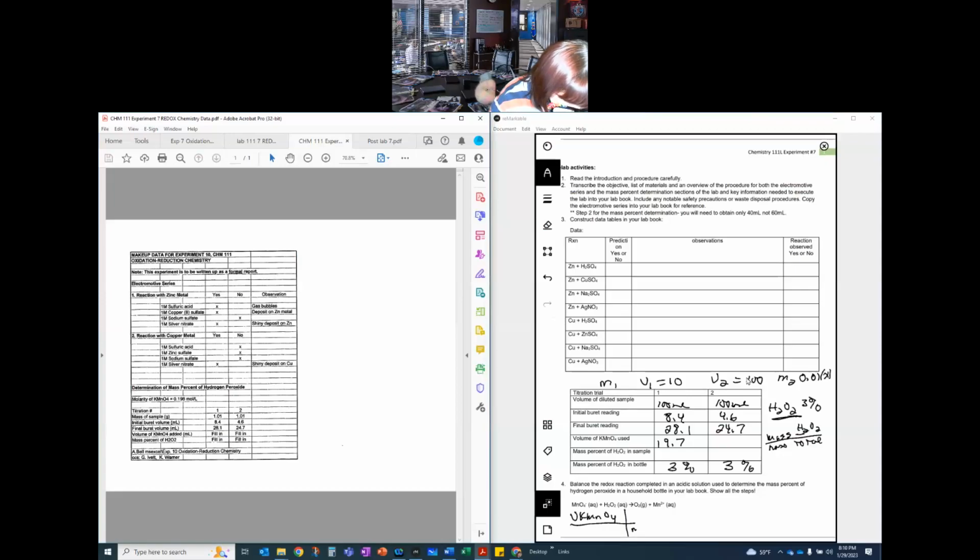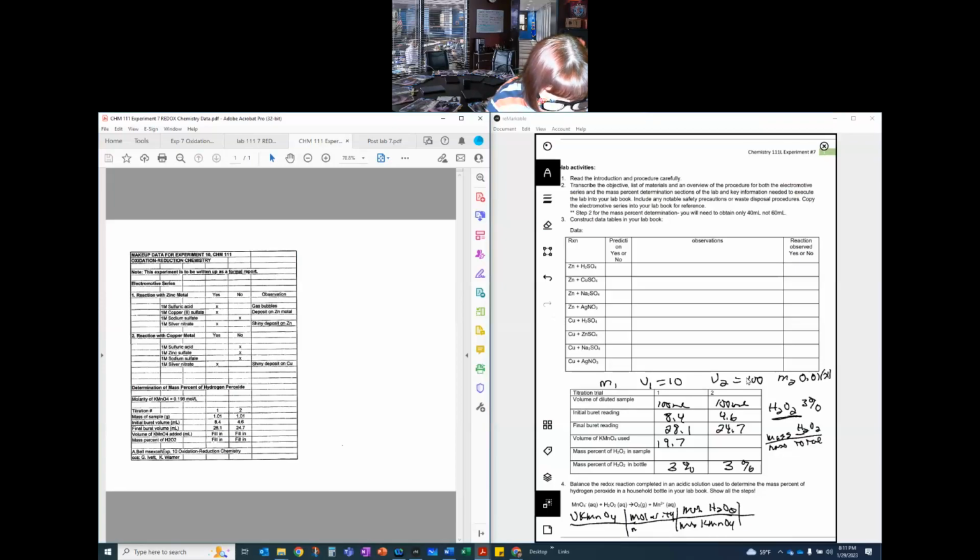See my units: if I multiply volume times the molarity, I get the number of moles. I then need to use the molar ratio. This will be the number of moles of KMnO4 from my balanced equation, and this will be the number of moles of H2O2. Make sure that you do that.